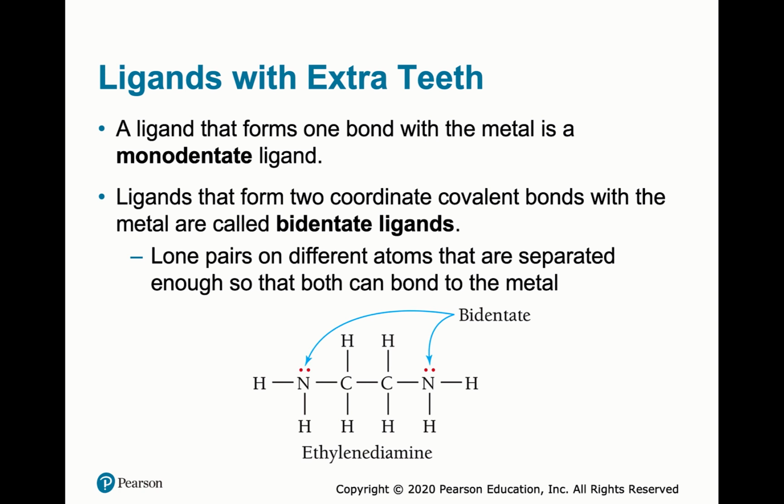We've already talked about these single-site bases. Now there are some that have 2 sites that they can attach to, and if it's 2 sites, it's known as bidentate. So 2 teeth. There are other ones, but this one here is ethylene diamine.